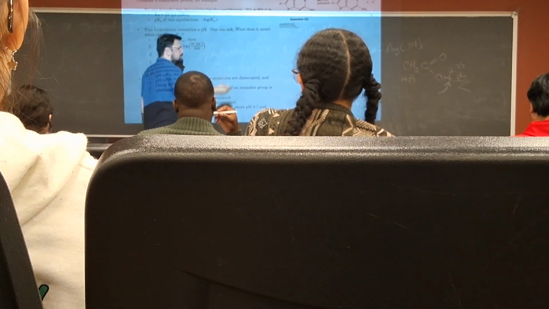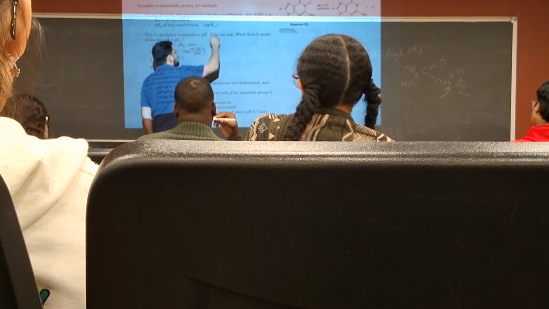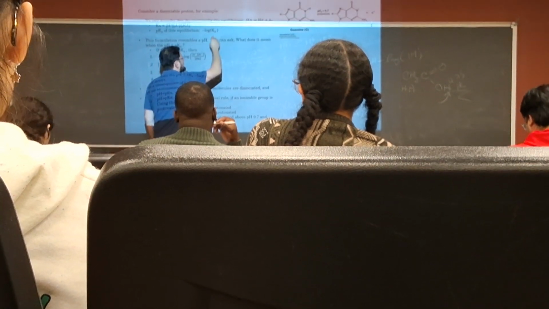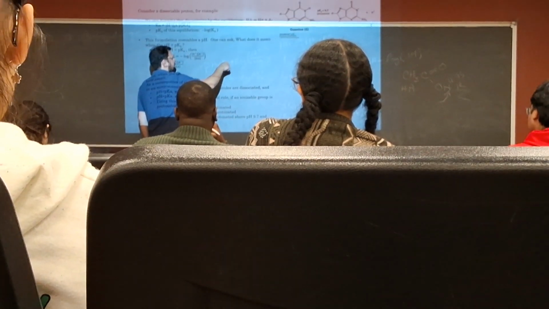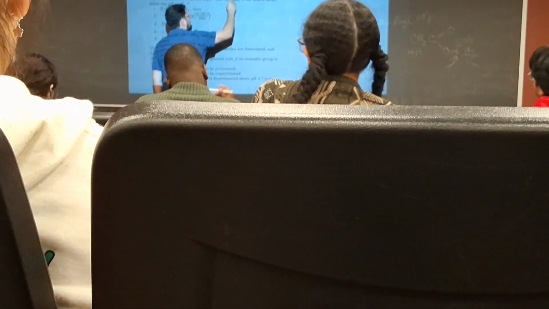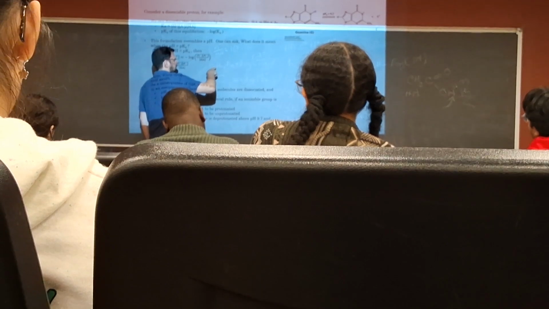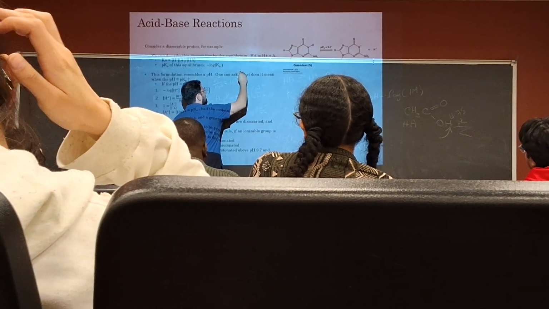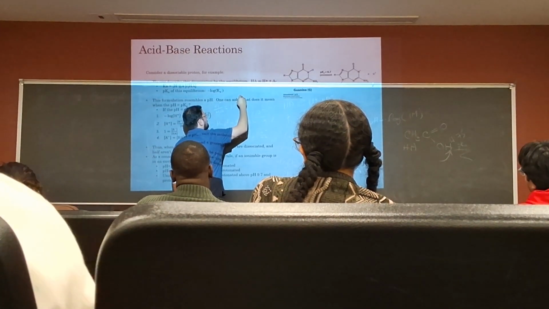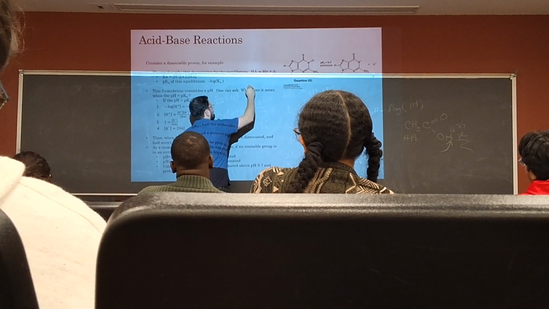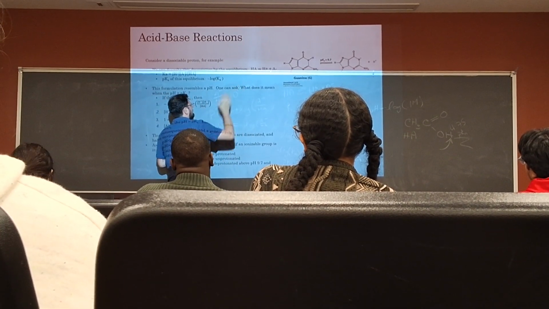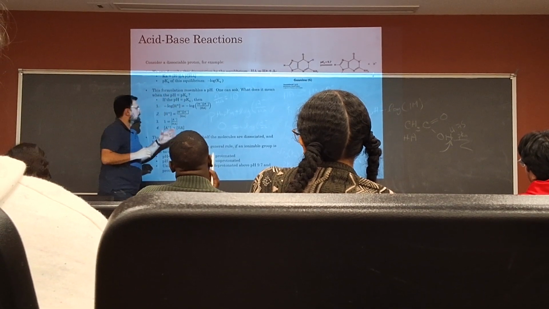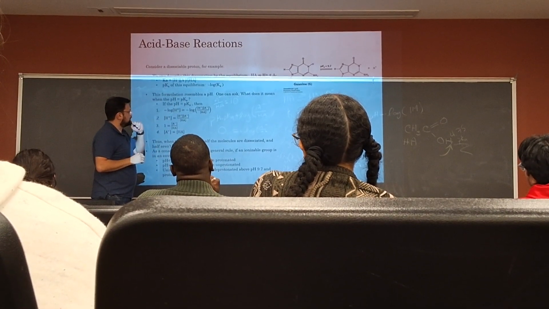Let's rearrange this to make our lives easier. A minus over HA equals 10 to the power of pH minus pKa.